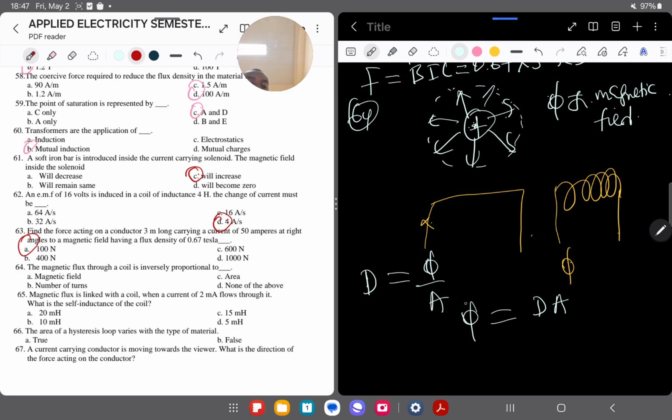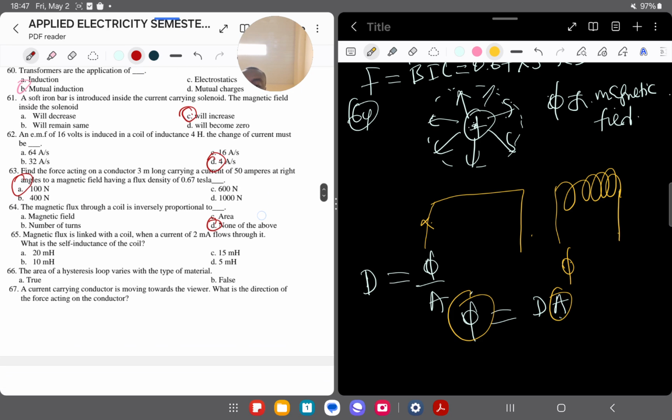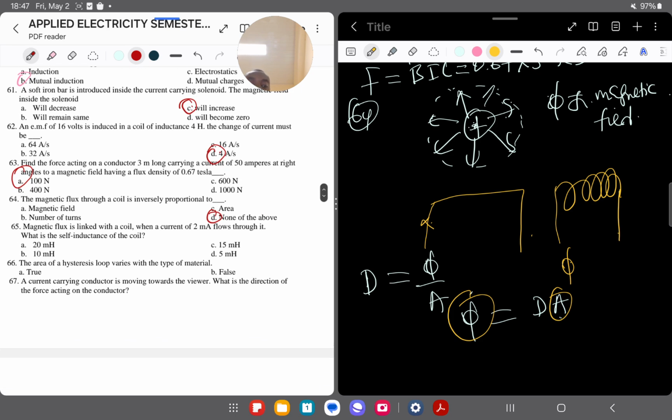You can see that magnetic flux and area are directly proportional, so C is also wrong. So the answer here becomes D, because none of these is inversely proportional to the magnetic flux. So here is D. Now let's go to question 65.